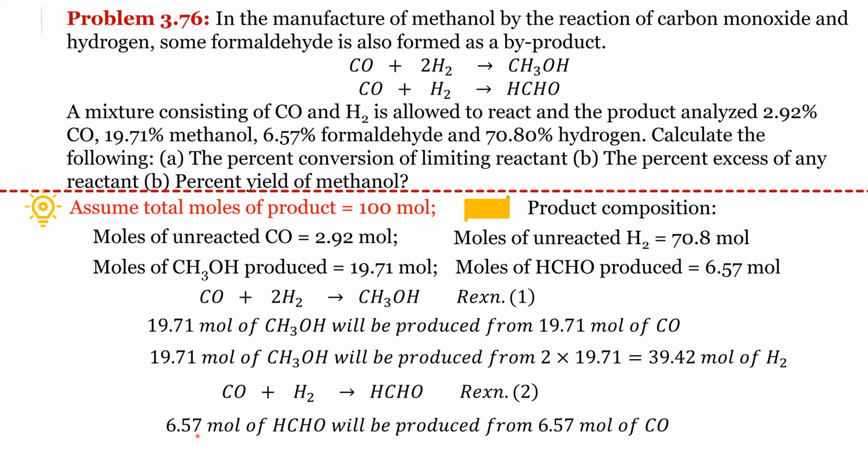Therefore 6.57 moles of HCHO will be produced from 6.57 moles of CO, and moles of H2 consumed will be equal to 6.57. Now we can estimate the total moles of CO fed to the reactor and the total moles of H2 fed to the reactor.